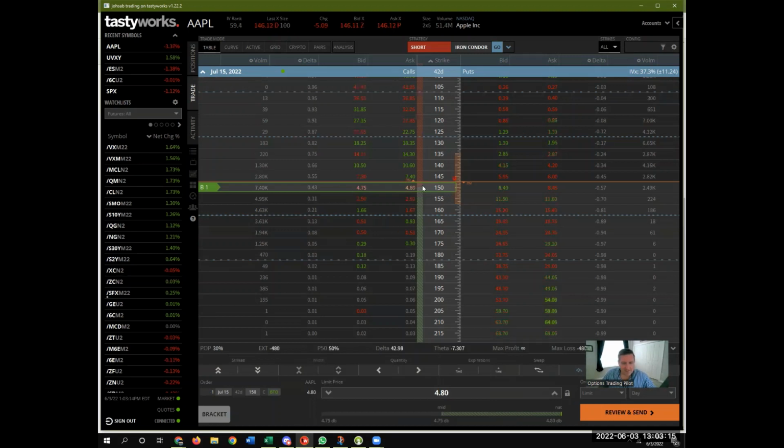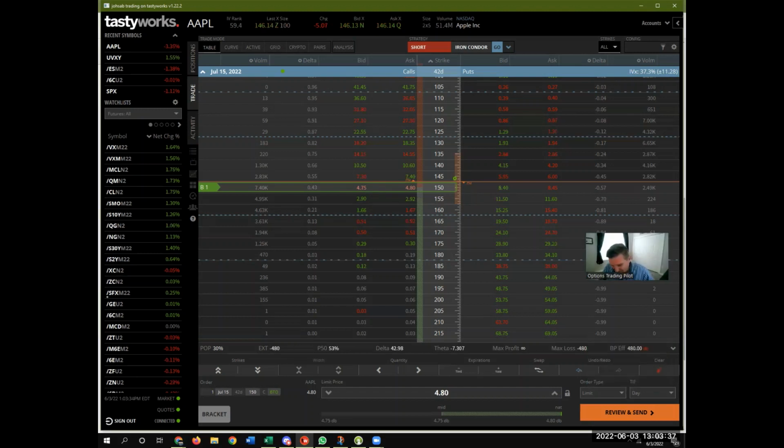So I could buy Apple stock, 100 shares at 150, but in order to do that, I have to pay 4.75 or almost, let's say, $500. So in this case, instead of putting up $14,600, I'm putting up $475. You can see the buying power is really right at that.